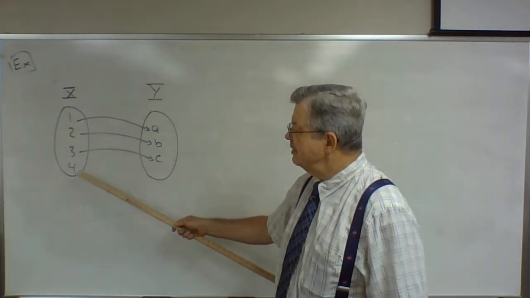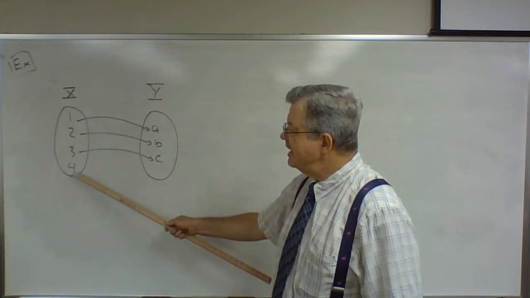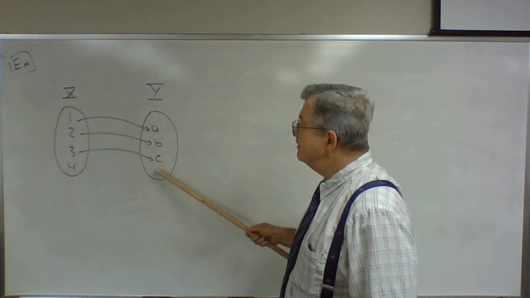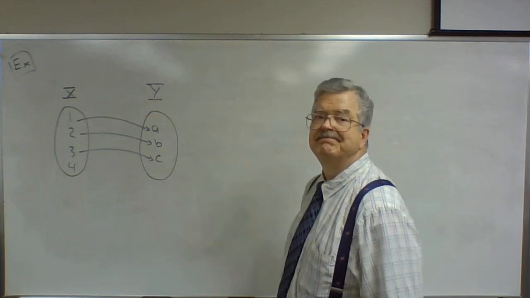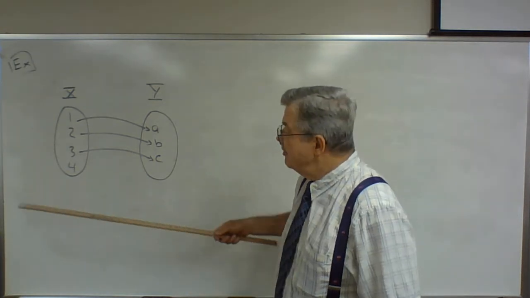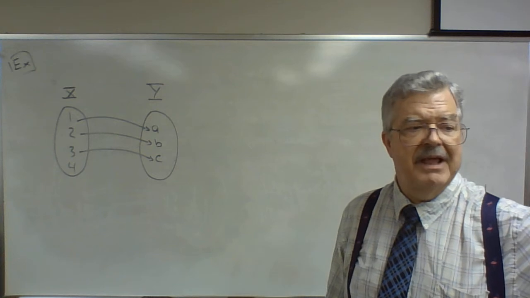Does our rule, as depicted by this diagram, assign the element 4 at least one element from the set Y? It doesn't, does it? So this diagram does not define a relation.